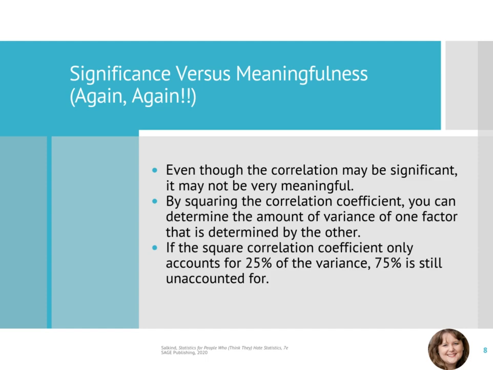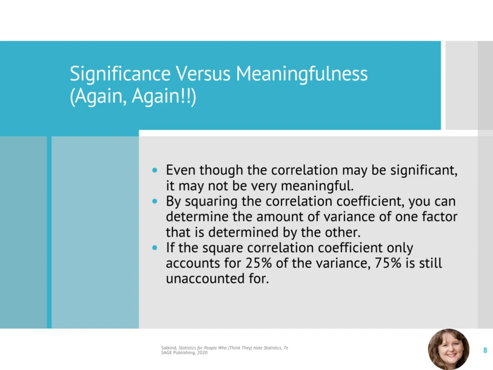And so what we often do is square the correlation coefficient so that you can look at the amount of variance that one variable or factor is determined by the other one. Sometimes you'll find that a squared correlation coefficient is only 25% of the variance, which in some psychological research you'd be thrilled to see. But that still means that 75% of the variance is unaccounted for.